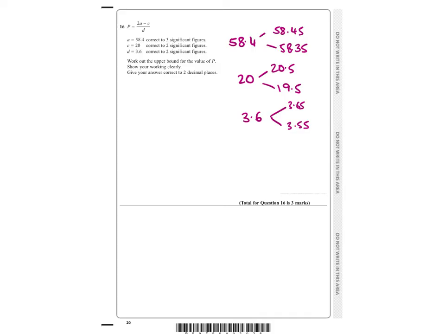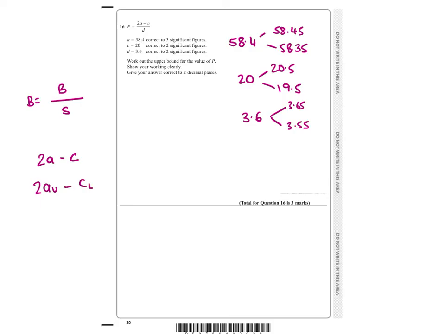So to find the upper bound of P, if I have a fraction and I want to find the biggest value of that fraction, how am I going to find that? I'm going to do that by finding the biggest value of the numerator and dividing that by the smallest value on the denominator. So to find the biggest value on the numerator, because I've got 2a minus c, I want my a to be my upper bound to give me my biggest value of a, multiply that by 2.